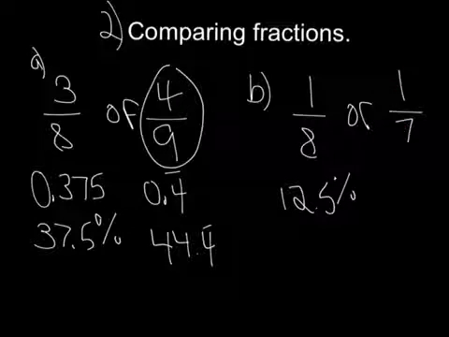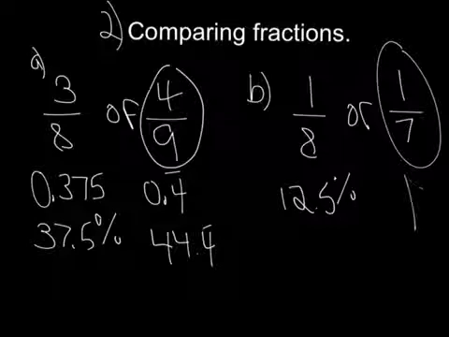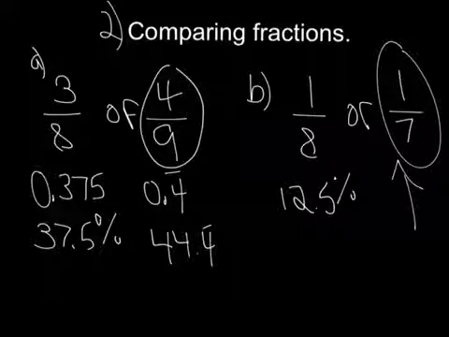The same size pizza, except this one you're only cutting into 7 pieces. But if you take the same pizza and you cut it into 8 slices, the one slice will be smaller. This slice is bigger than this slice because it's cut out of the same size pizza, but only 7 slices have been cut out of it. So you get a little bit of that 8th slice. So clearly, 1/7 is larger. You can go ahead and change both of them into a decimal and compare.